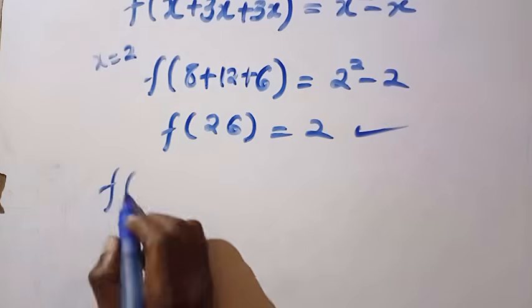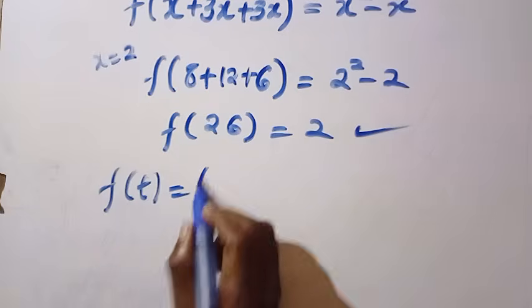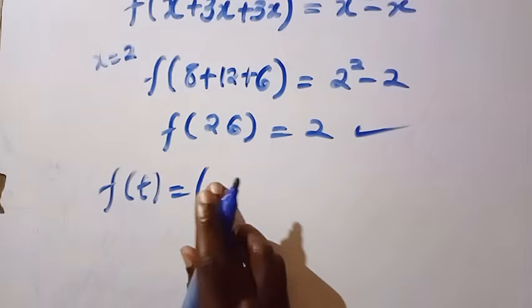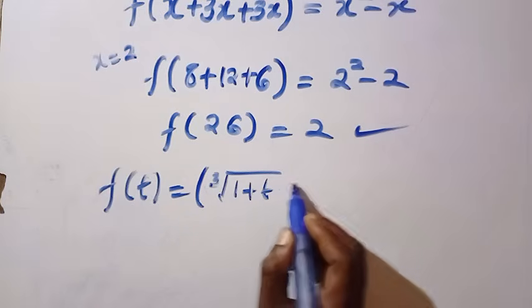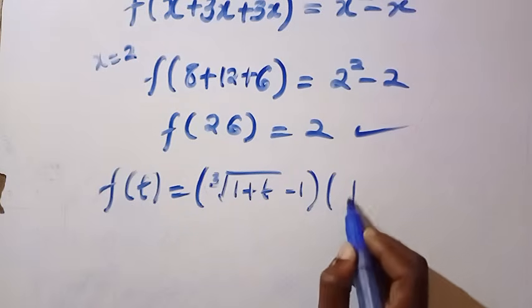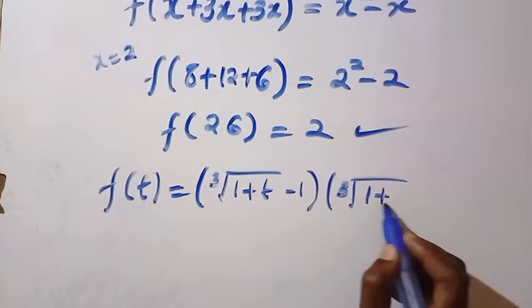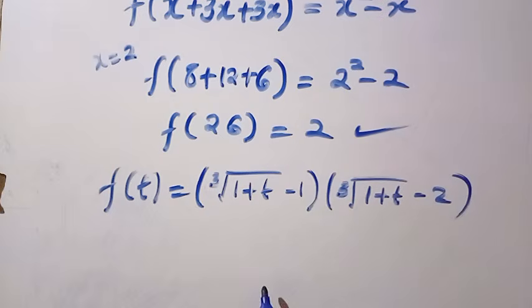we have f of t already, which is (the cube root of 1 plus t, minus 1) times (the cube root of 1 plus t, minus 2).